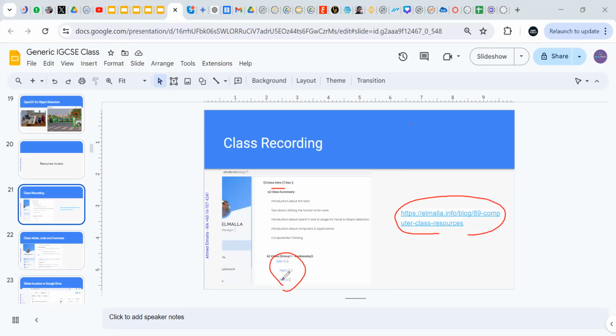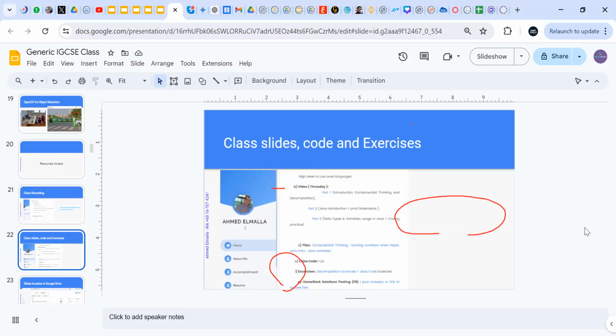I put the links here on the blog. If we write some Python code, I put the links for the code here. All the slides I also put here under the files section. Exercises for every class also have their links left here.